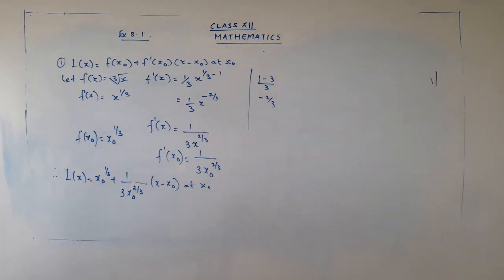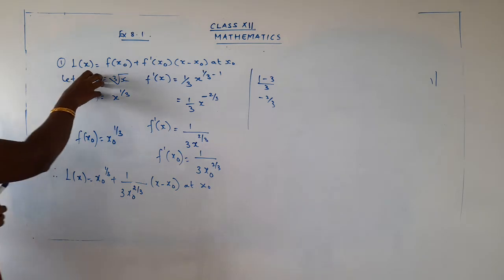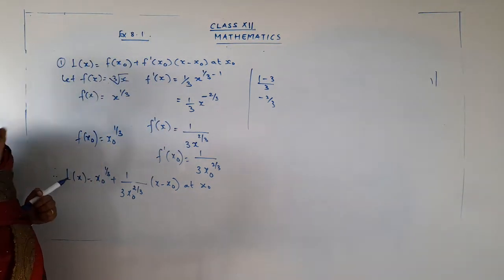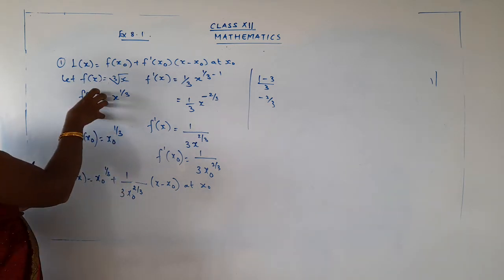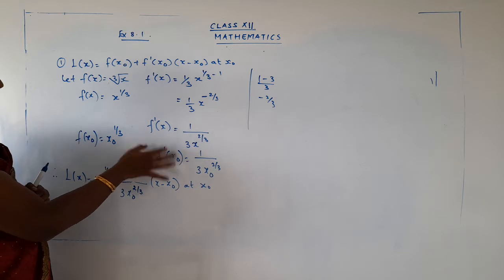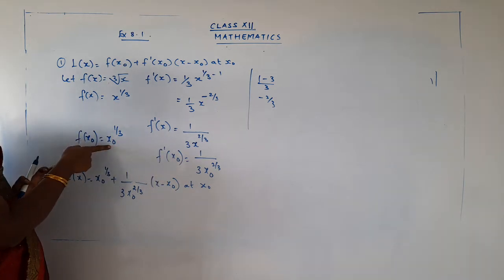With the substitution, it is a very easy step. So we have f of x, we found f dash x, and I have written the linear approximation formula. Now I am changing f of x as f of x naught, and f dash x as f dash x naught. Same thing, only the x will be changed to x naught.